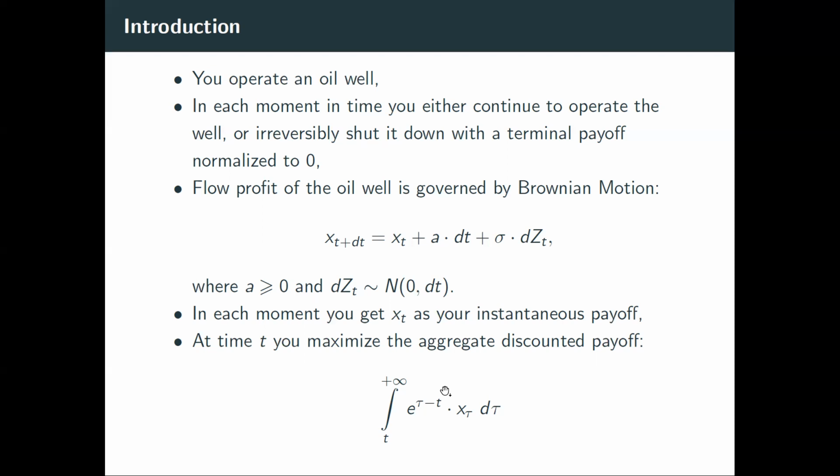So it's not necessarily an obsolete decision. Intuitively, if things go well today, you continue to operate. If they don't go well today, you decide between shutting it down or just continuing operations. And your goal is to optimally decide when to continue and when to exit the market.